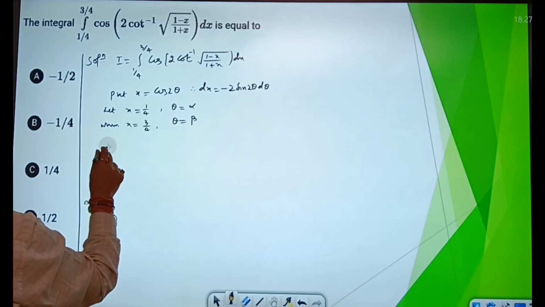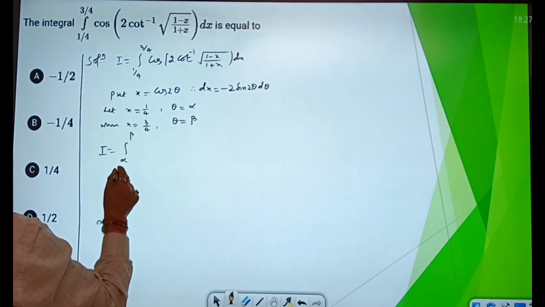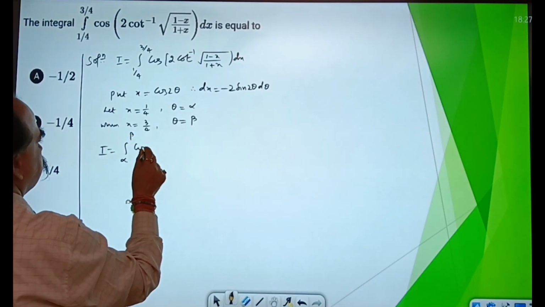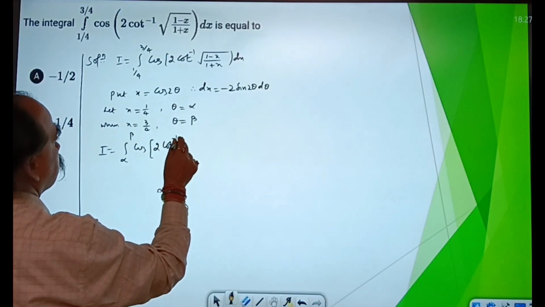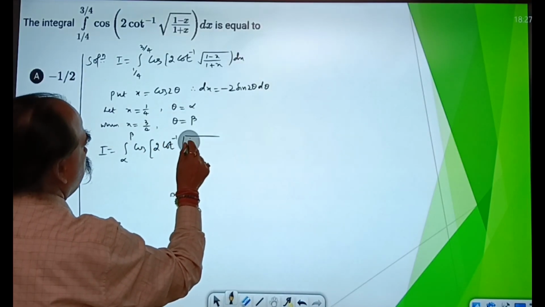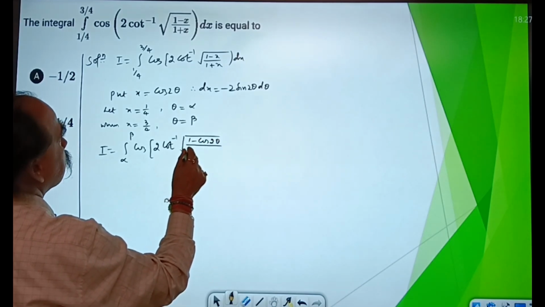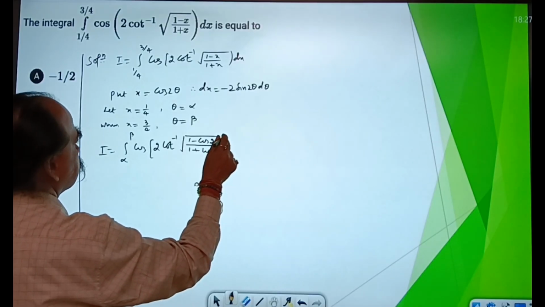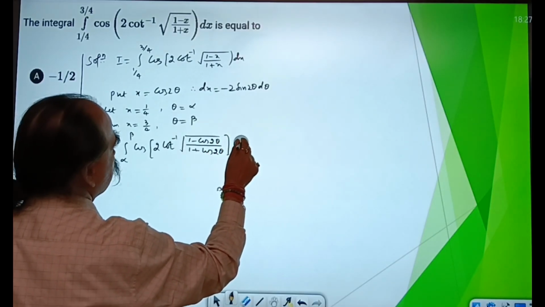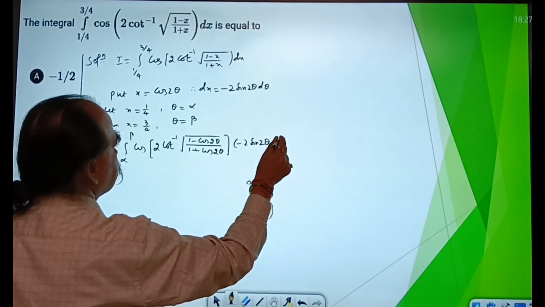So I will become integral alpha to beta of cos of 2 cot inverse root of (1 minus cos 2 theta) upon (1 plus cos 2 theta), into minus 2 sin 2 theta d theta.